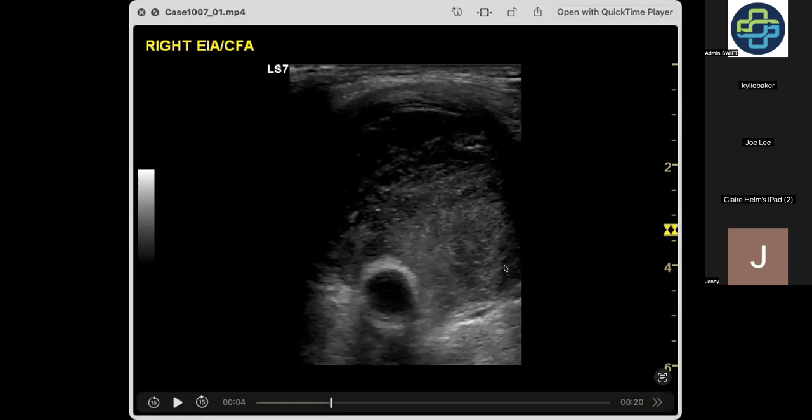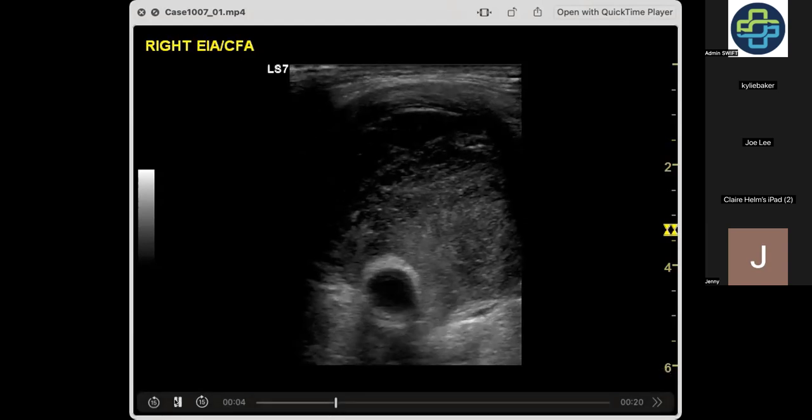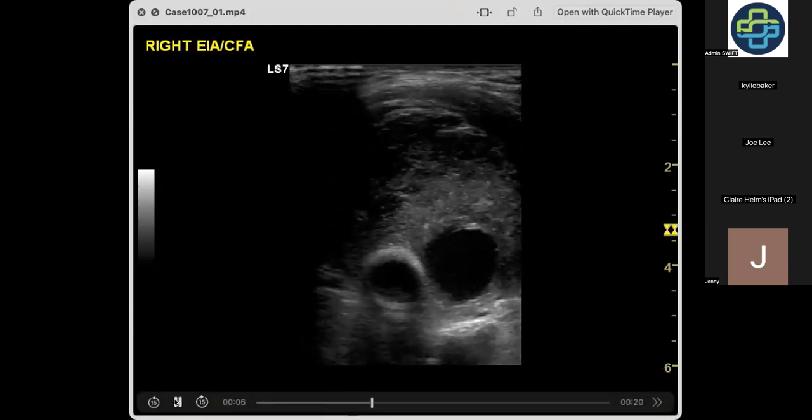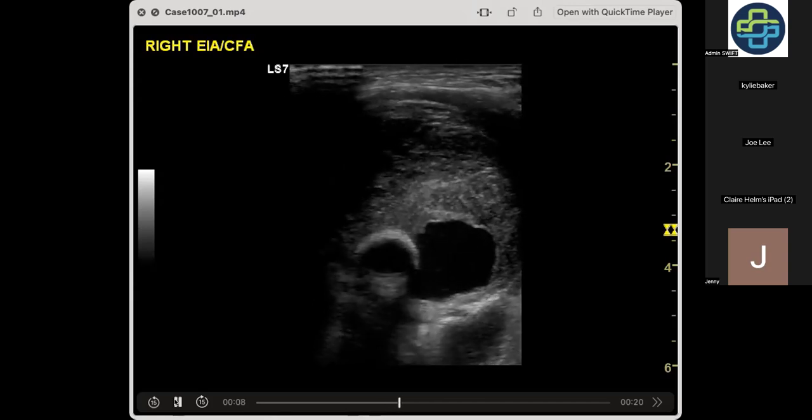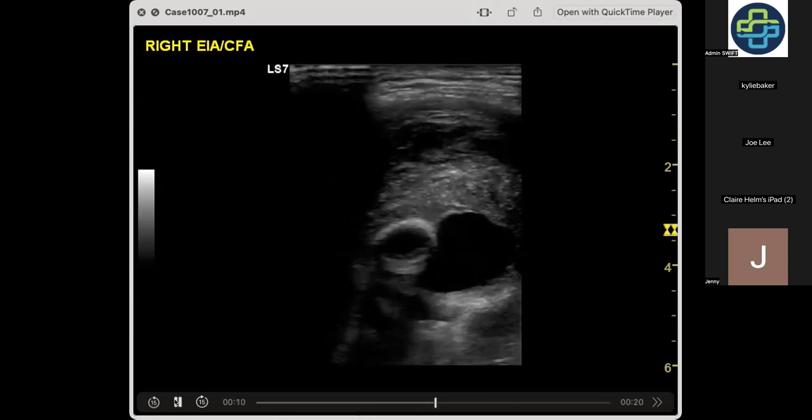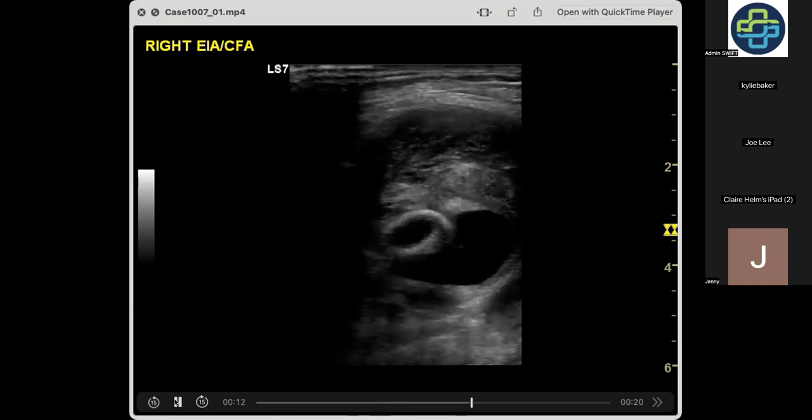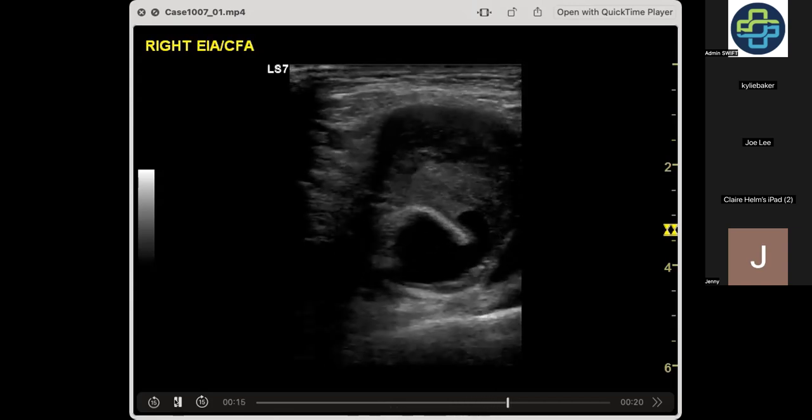And around the stent, as you said, he's got a big heterogeneous mass that looks a bit like blood clot. And then in the middle of that, it looks like a pseudoaneurysm then. Probably.